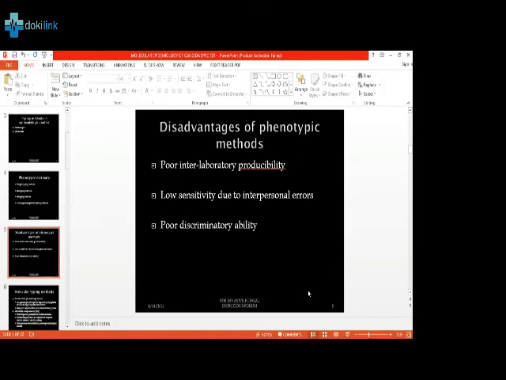Briefly, the disadvantages of the phenotypic methods are that they have very poor interlaboratory reproducibility, low sensitivity to interpersonal errors, and poor discriminatory ability.